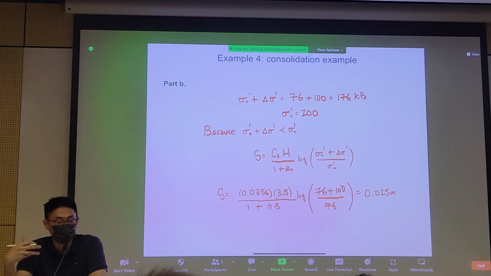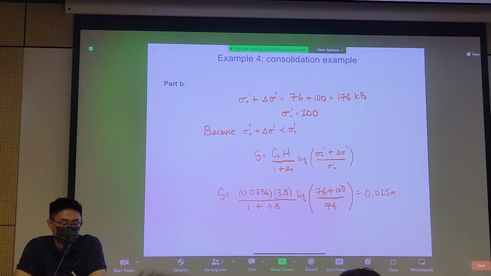Part B, we're also applying 100 kPa. Now, the only difference is in part A, you're on the NCL line, so you got about 12 centimeters in settlement. But in this case here, on the rebound curve, you have a much stiffer soil. So you only get about 25 millimeters in settlement.